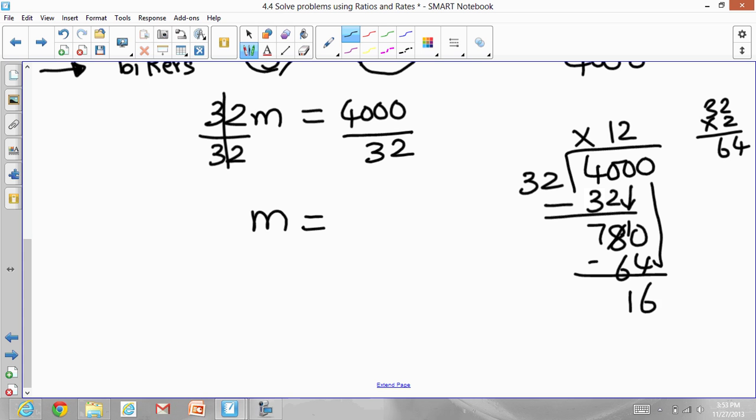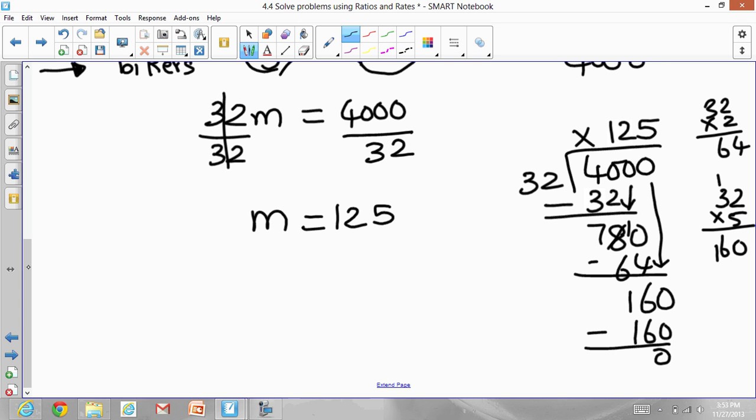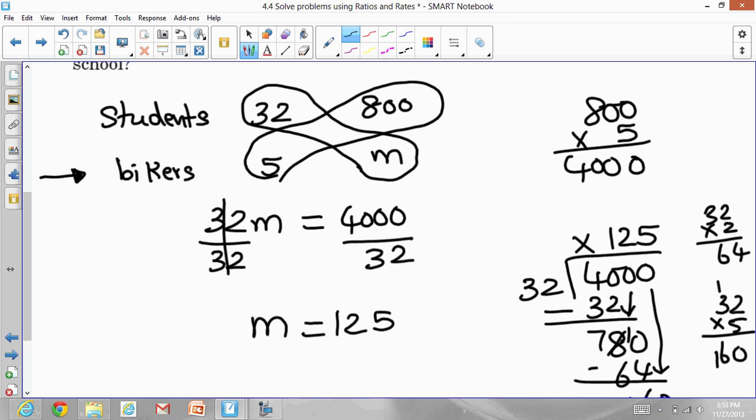Bring the last 0 down, and 32 times 5 is going to give me 160. So 125. Do not just give me 125. So the answer in this case is 125 bikers in a school of 800 students.